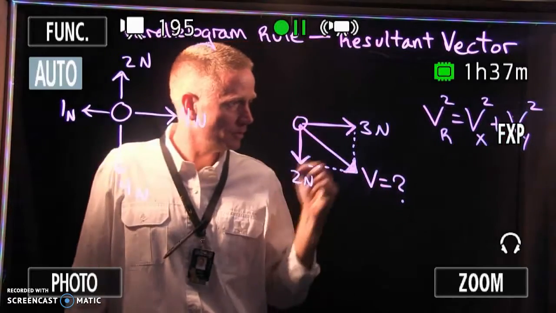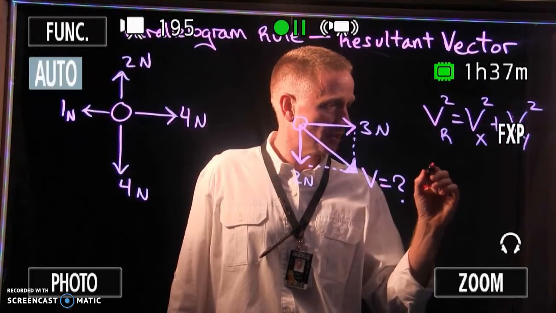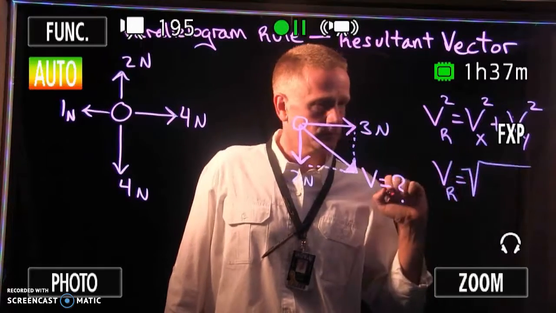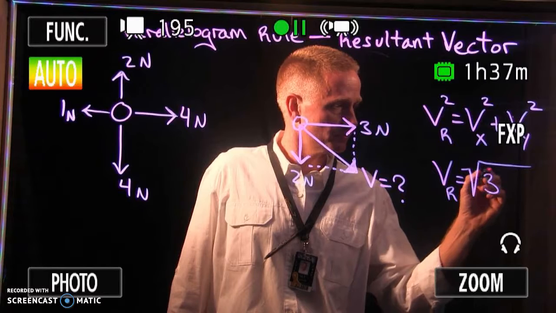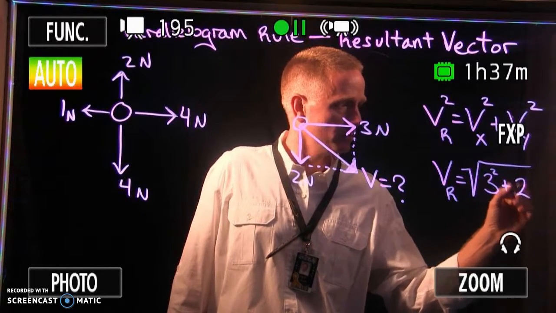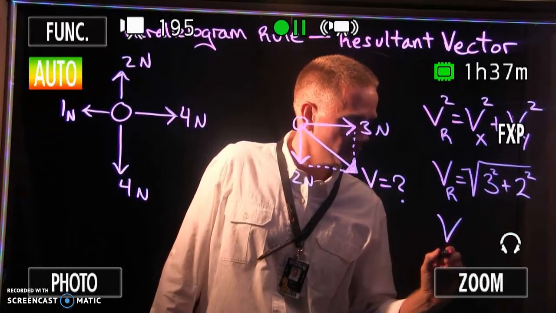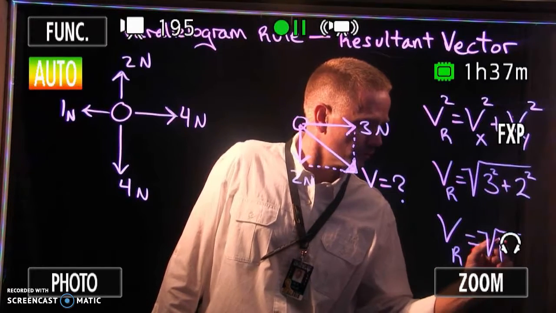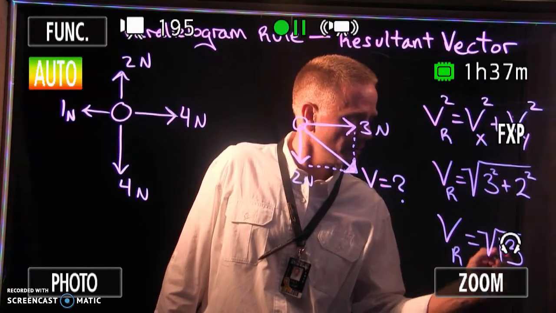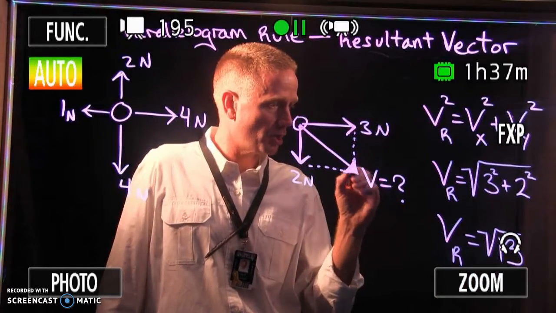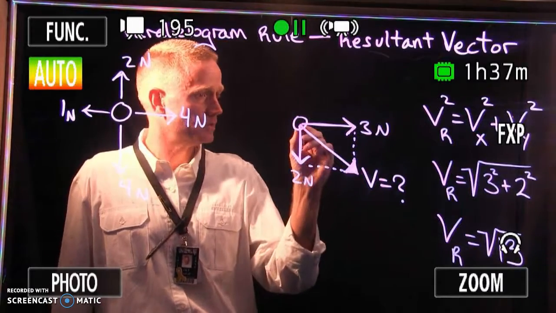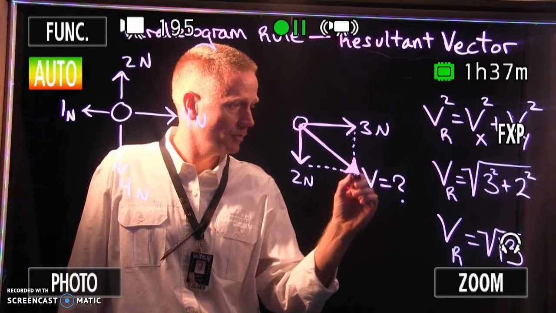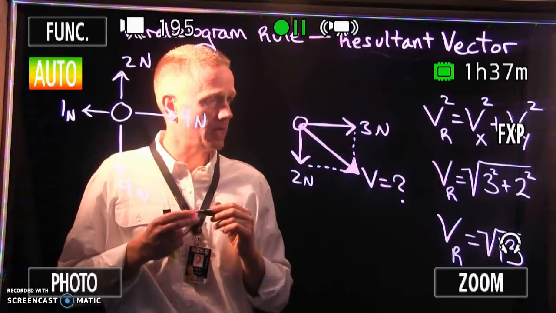And if you solve for this using the Pythagorean theorem, in this case you would get 3 squared plus 2 squared, or a resultant of radical 13 in the direction drawn along the diagonal of the parallelogram down and to the right.